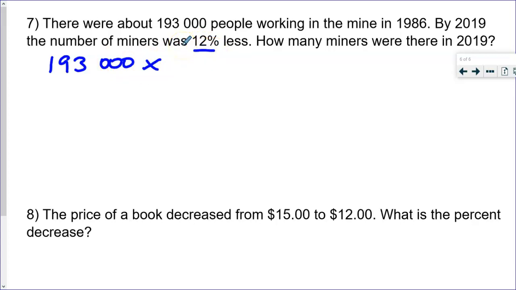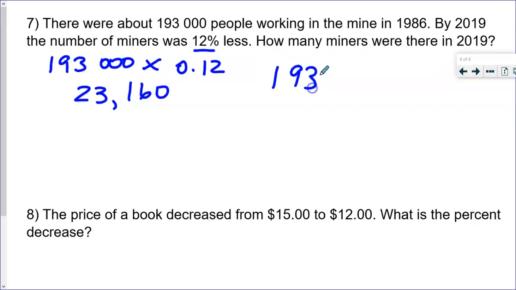So this goes back to the lesson before this one. So times 0.12, we're going to get an answer of 23,160. So then we're going to go back to the original, 193,000, because they want to know how many there are in 2019, and we know there was this many less. So all we need to do is subtract.